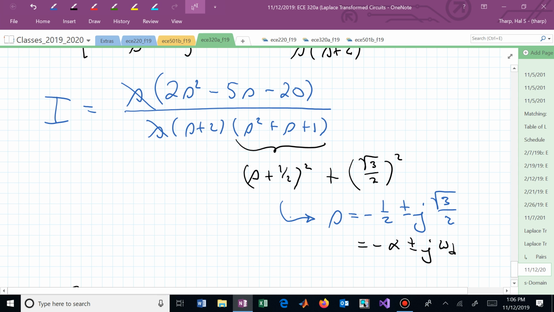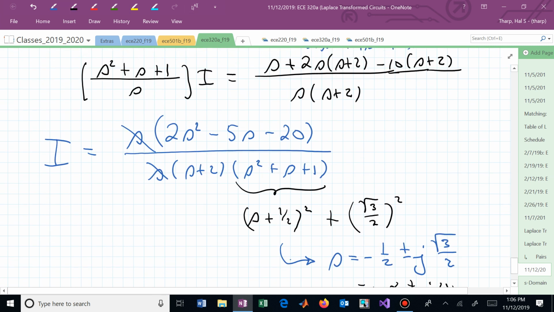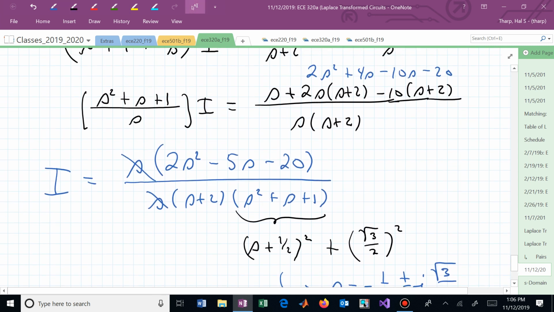Oh, they're 6-sided on a dice, aren't they? We have 6 options. We have one term which is due to the pole at minus 2. And we have 2 possible terms due to these complex conjugate poles.